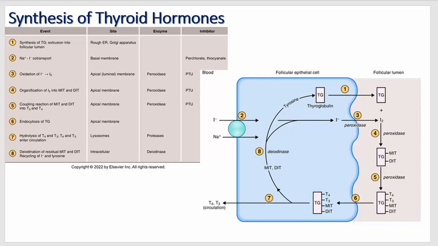And then the MIT-DIT ionization of those, and then the conjugation, all catalyzed by that enzyme, and then move it back in, cleave these off, and release them. And then recycle.